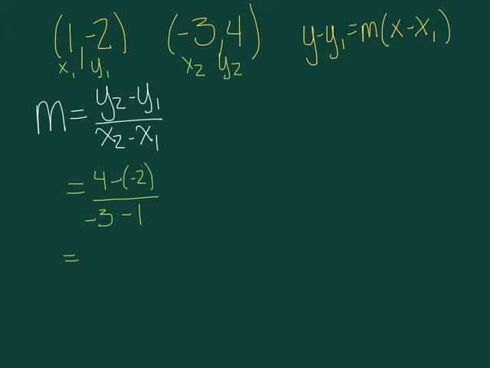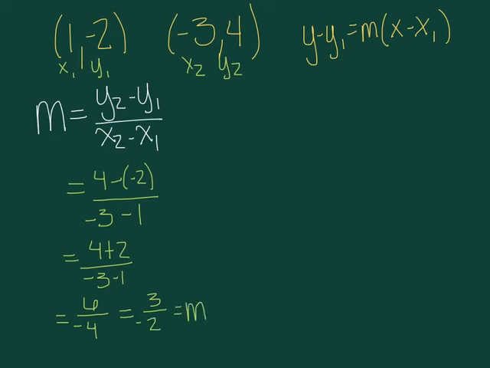Negative times a negative is a positive, so this is really 4 plus 2 over negative 3 minus 1. 4 plus 2 is 6. Negative 3 minus 1 is a negative 4. That can be reduced down. 6 divided by 2 is 3, and negative 4 divided by 2 is a negative 2.